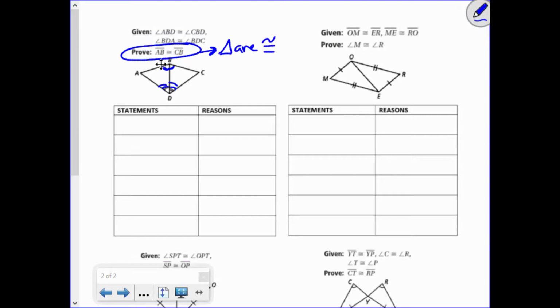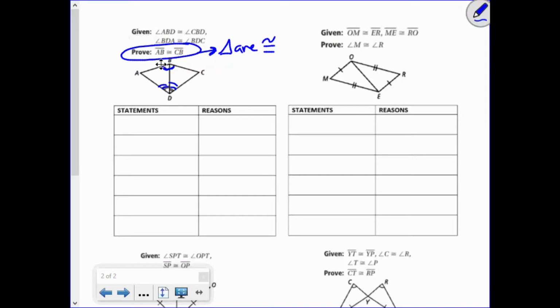So you're going to be doing the proof style from the front side of the page, and then you're going to add one extra line, which is to say that these segments are congruent using the CPCTC rule, that corresponding parts of congruent triangles are congruent. Again, to prove that corresponding parts are congruent, you first need to have that the triangles are congruent. Okay?